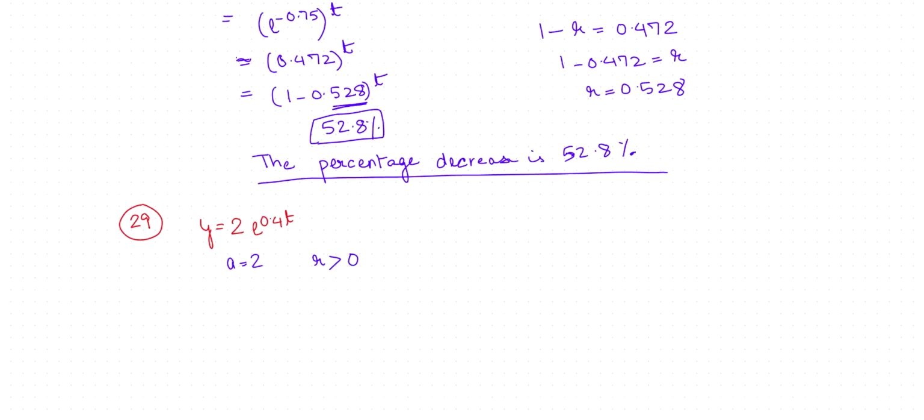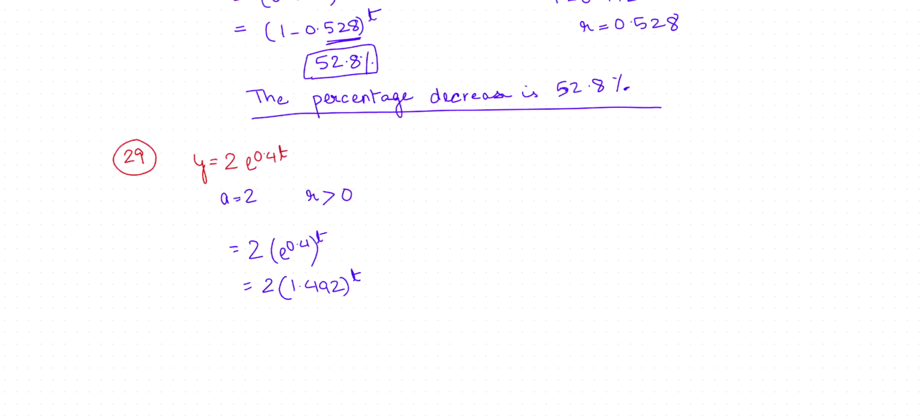Now to calculate this, we'll do e to the 0.4. So this will give us 1.492. We calculate this with the calculator. So we know it is more than 1, so this will be growth.